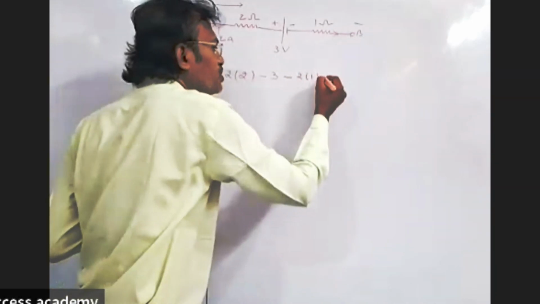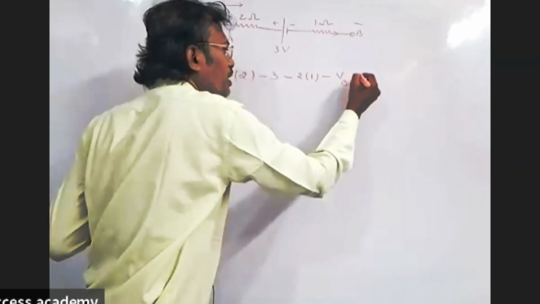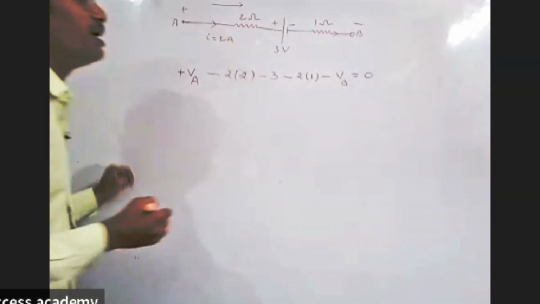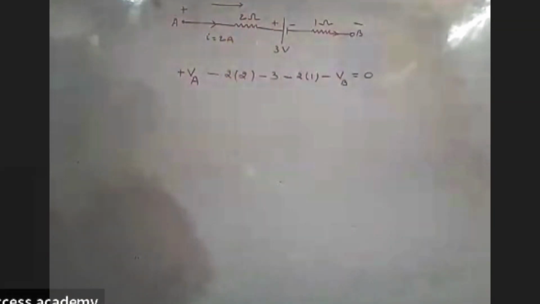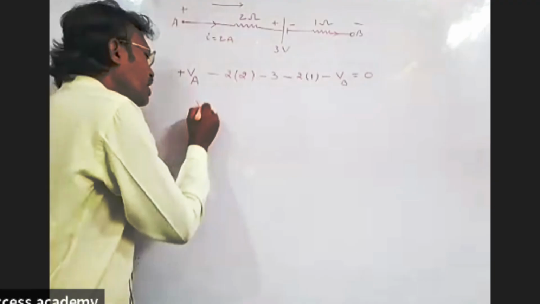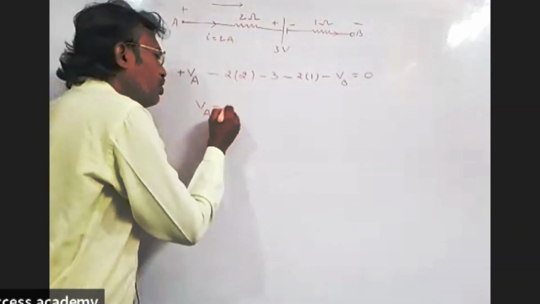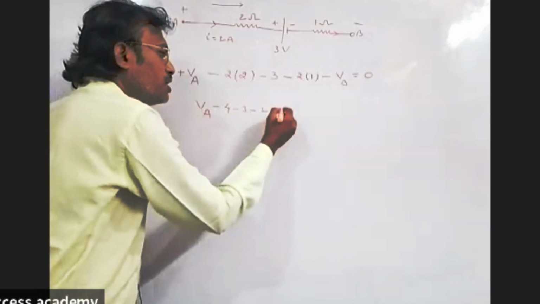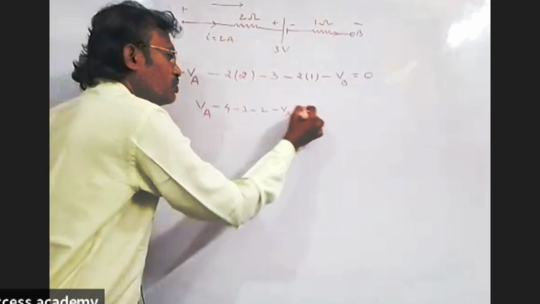B is at negative potential, minus VB. Thereby the branch is completed, so it is equal to 0. Here we need to calculate the potential difference between A and B. So VA minus 4 minus 3 minus 2 minus VB equal to 0.